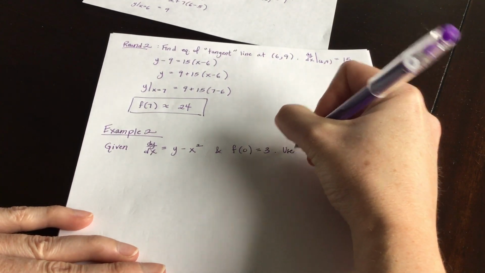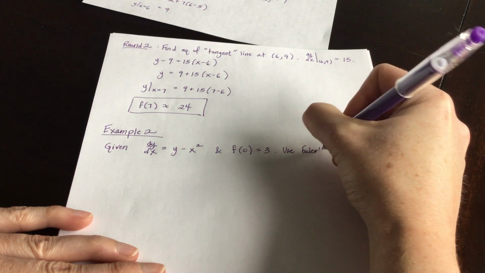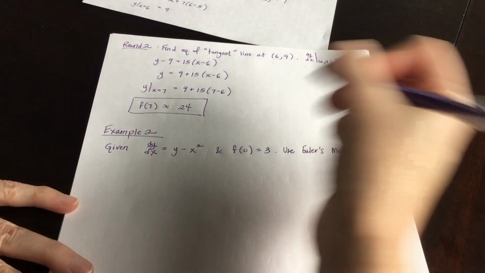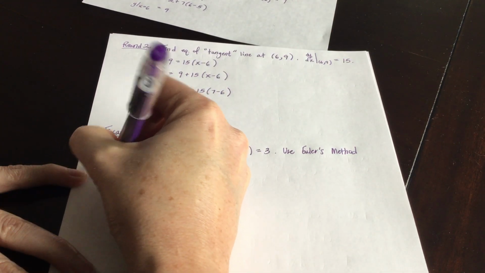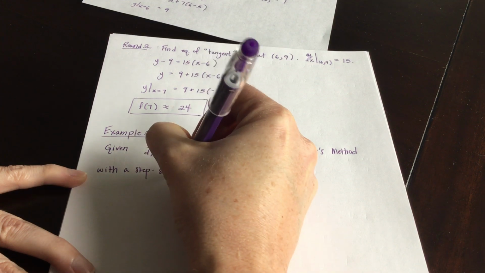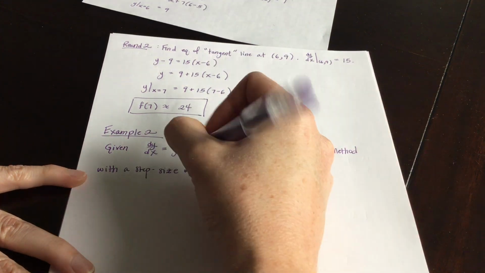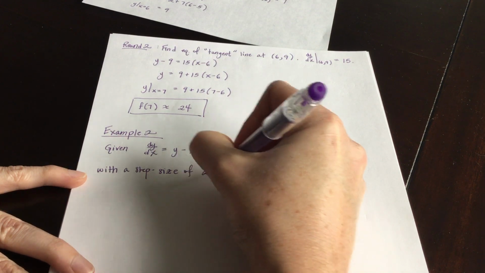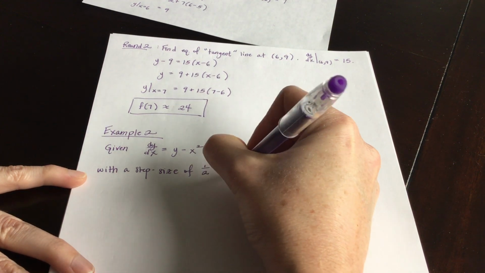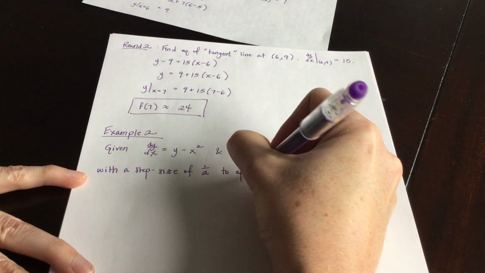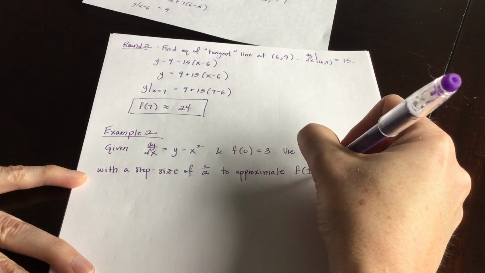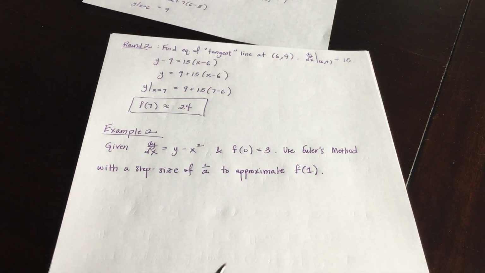Let's have you use Euler's method with a step size of, let's say, 1/2. Is that going to be super gross? Oh, well, whatever, we can handle it. To approximate, let's say, f of 1. Okay, this is very similar to the example we just did.